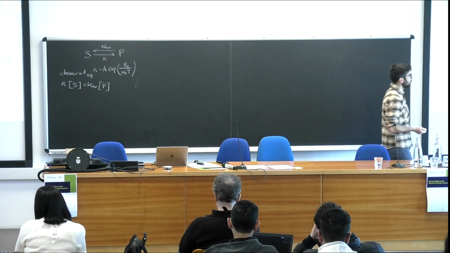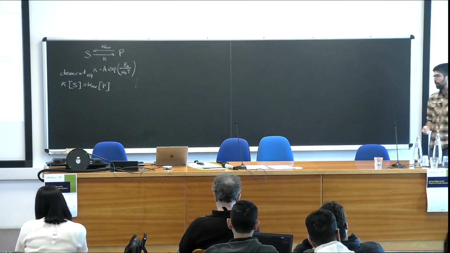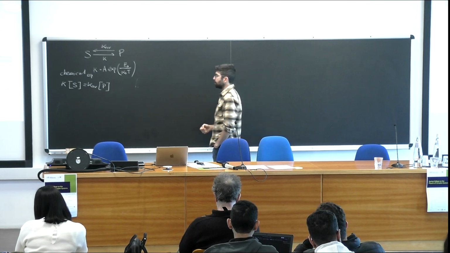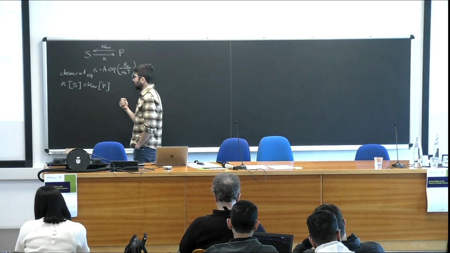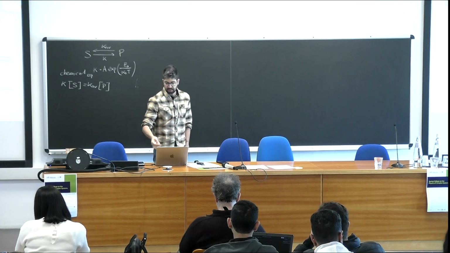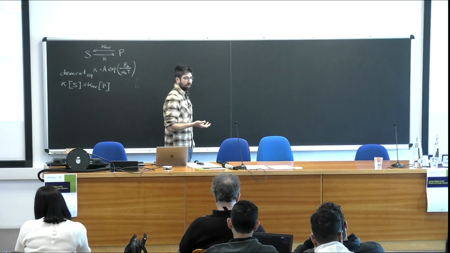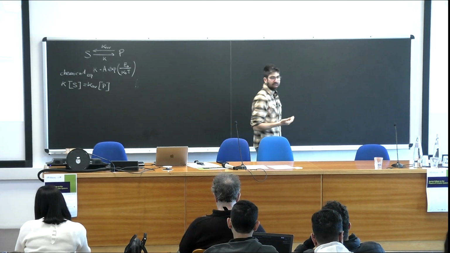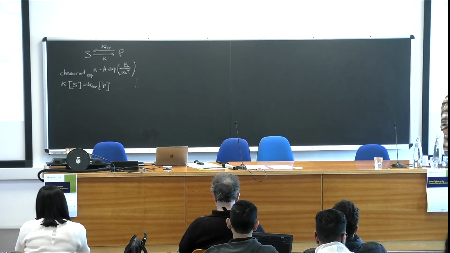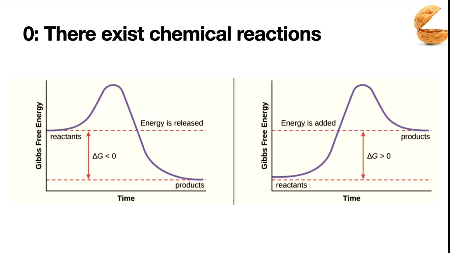Now, an important point, which I don't know how obvious it is, is that cells, living organisms, are intrinsically out of this equilibrium. So they are never in chemical equilibrium. And the reason is that a cell has a membrane, so it keeps an outside and an inside different.